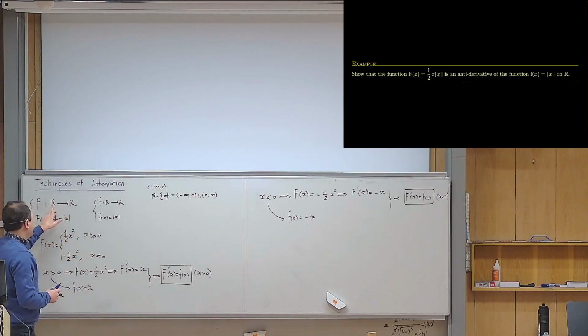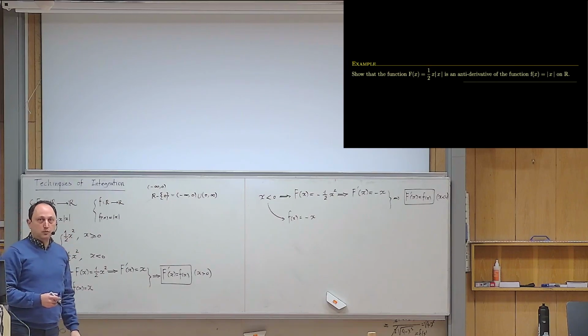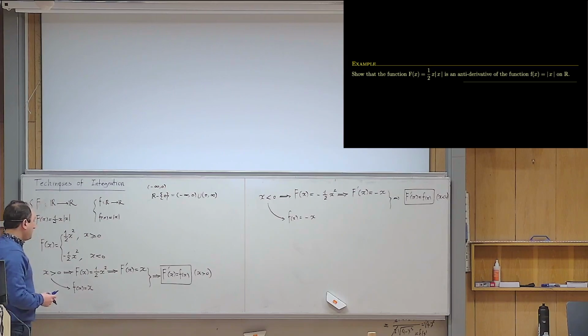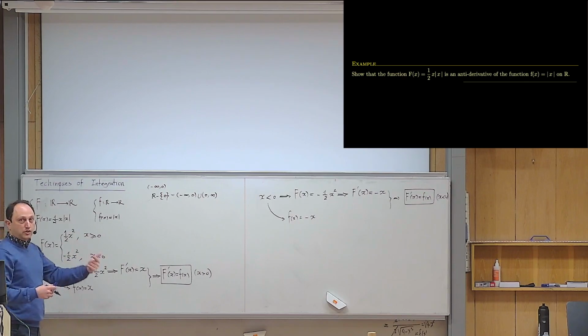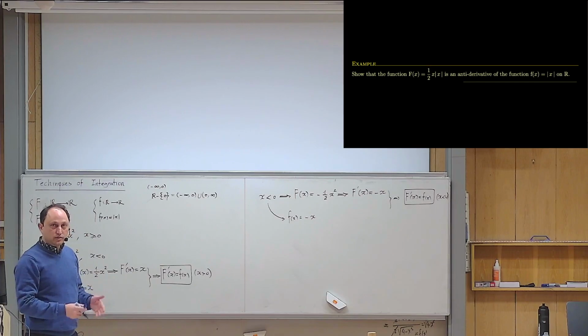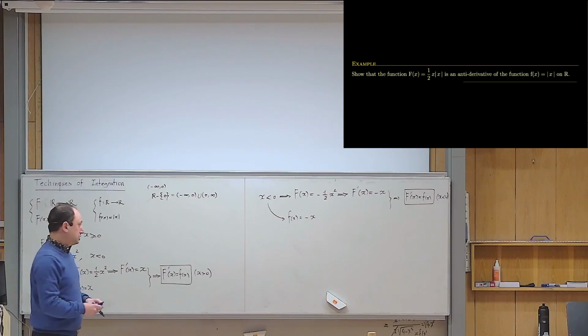But now, the problem is not finished yet, because the problem has given R as the domain. So there is one single number that we have to consider, and that is x equals 0. But I cannot calculate F prime of 0 from this rule or that rule, because depending on which direction x is getting close to 0, I need to consider the left derivative and the right derivative.